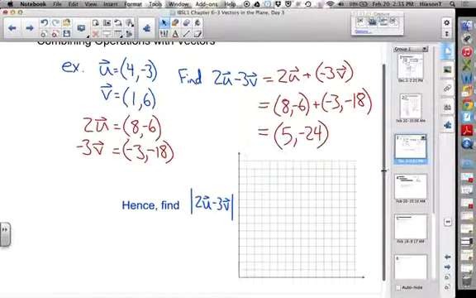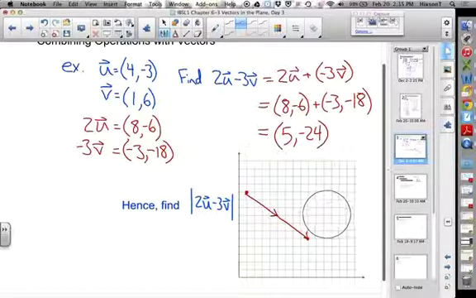Basically what this is telling us is, if I'm starting right here, I want to go 2 u's, so that's over 4, down 3, so there's 1 u, and then there's another u. And then minus 3v. Well, v is 1, 6, so a minus v would be negative 1, negative 6.